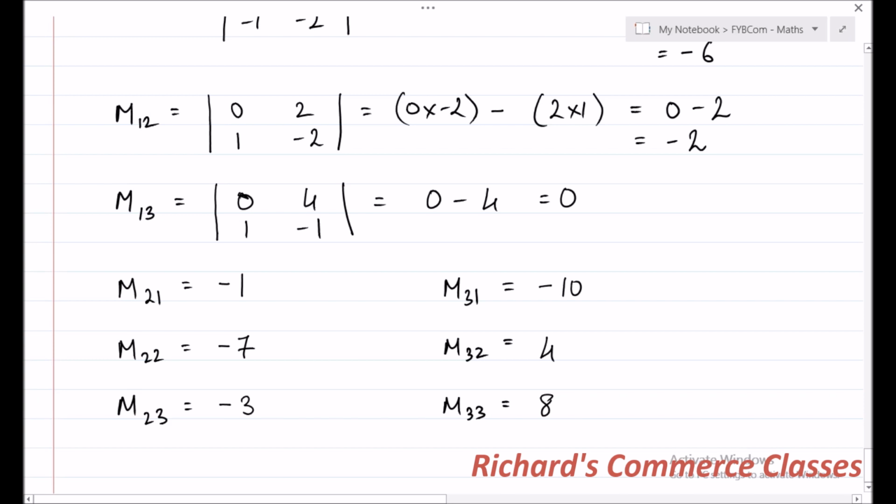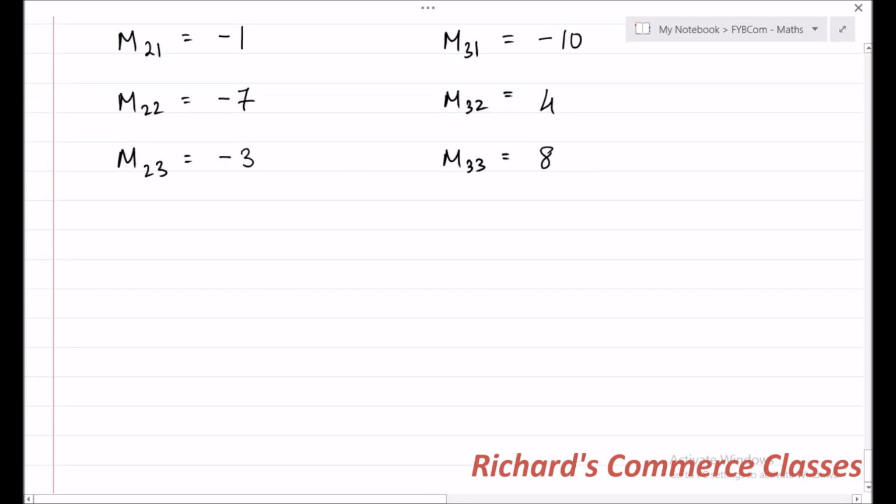I have calculated minors for all the elements. So I'll prepare a matrix of minors now. You can compare your answer with this matrix of minors.